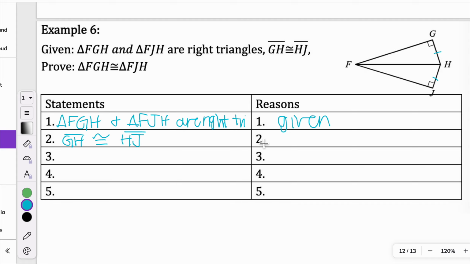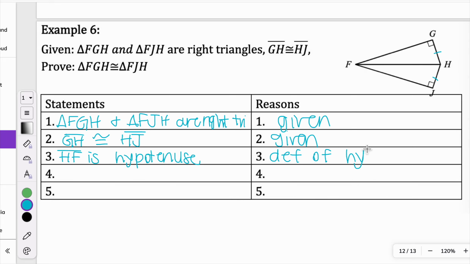Really from here, you don't need to do any other reasoning except for one other step, and that is HF is hypotenuse. And you can even say definition of hypotenuse.